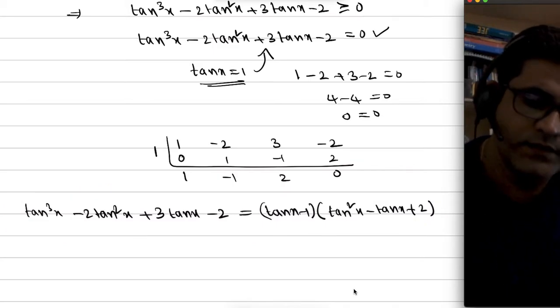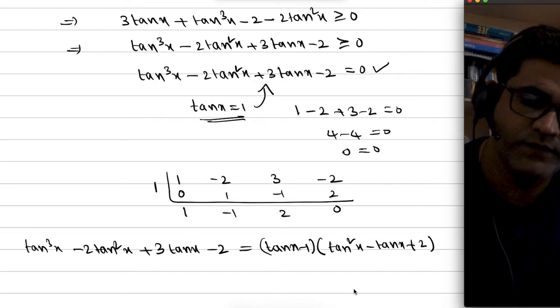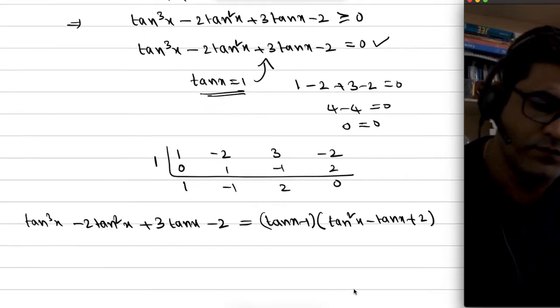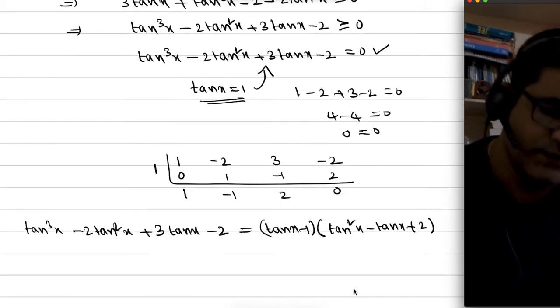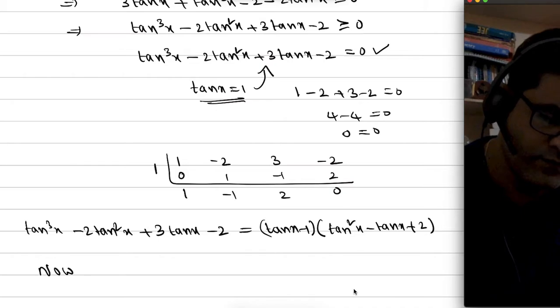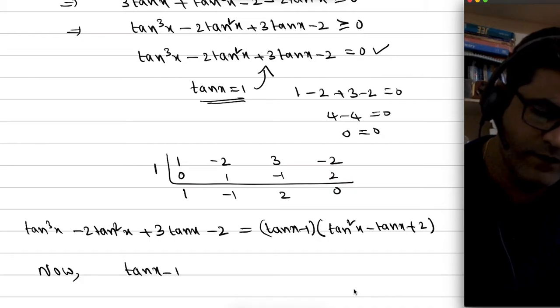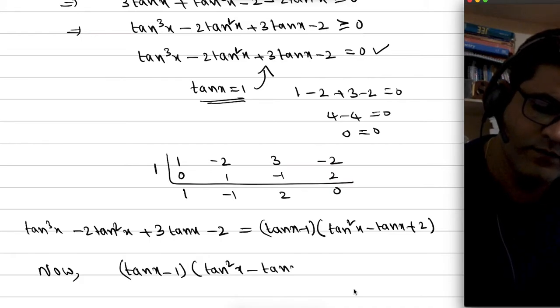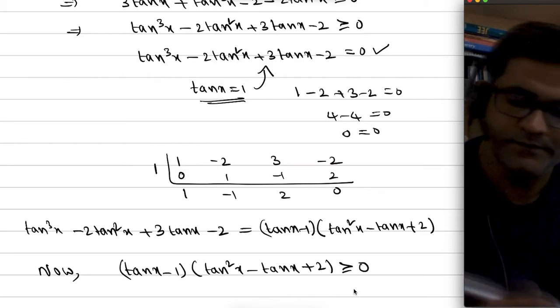But what we need to solve? We need to solve this inequality. So now this inequality becomes after factorization, tan x minus 1 into tan square x minus tan x plus 2 is greater than or equals 0.